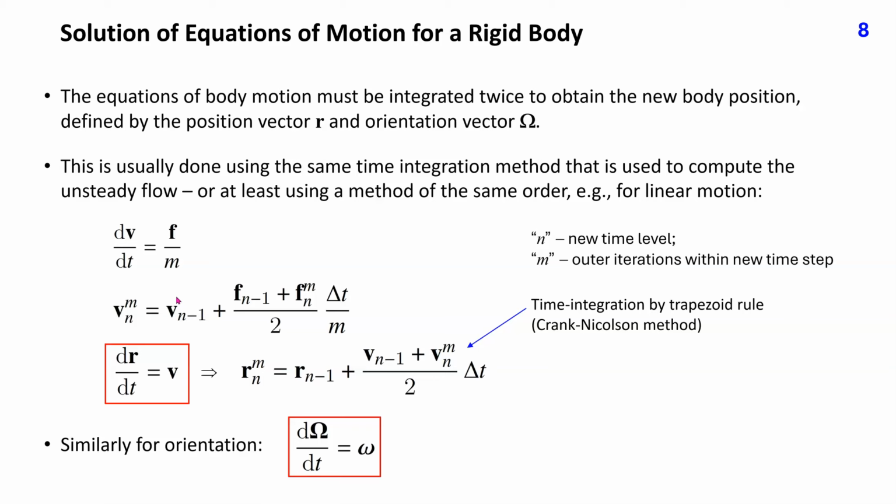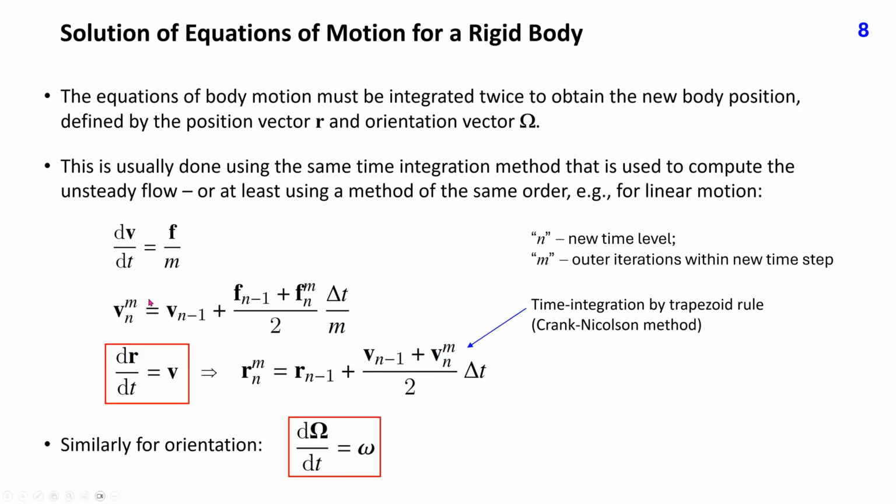The equations of body motion must be integrated twice to obtain the new body position defined by the position vector r and the orientation vector omega. This is usually done using the same integration method that is used to compute the unsteady flow, or at least using a method of the same order.